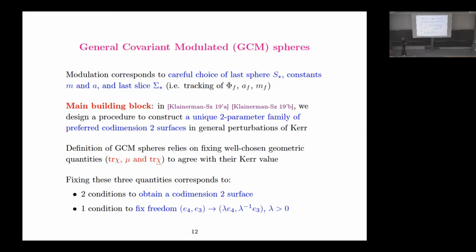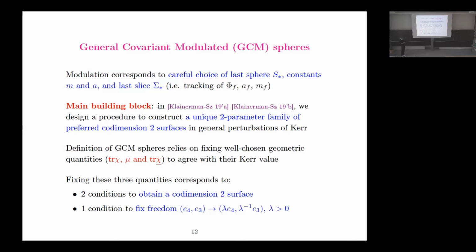What is not so easy is to show, once you have set this definition, the existence of these spheres, and more importantly that you can find a unique 2-parameter family of preferred 2-spheres. So there is the uniqueness statement, and furthermore you want to control their geometry, otherwise the result is not too interesting. Let me mention why you fix 3 quantities, which might look at first a bit surprising.